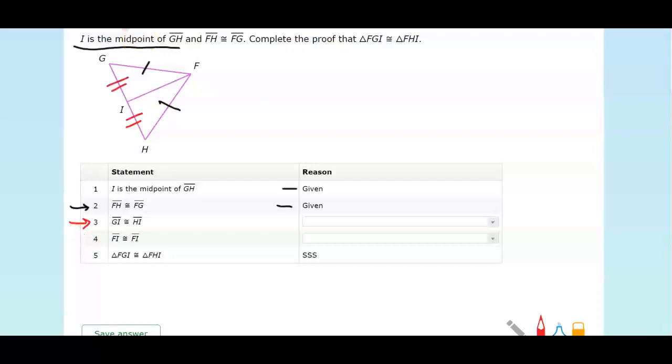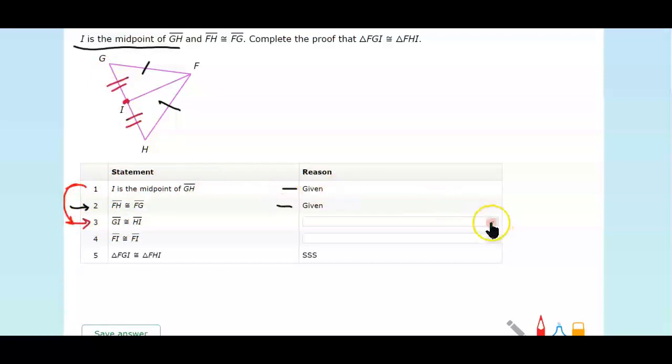Because we were given I is the midpoint, so there is a bisection happening, but we want to connect it directly to the given. Because we were told I is the midpoint of GH, and draw that arrow, it's going to help, I is the midpoint of GH leads to GH is therefore congruent to HI.